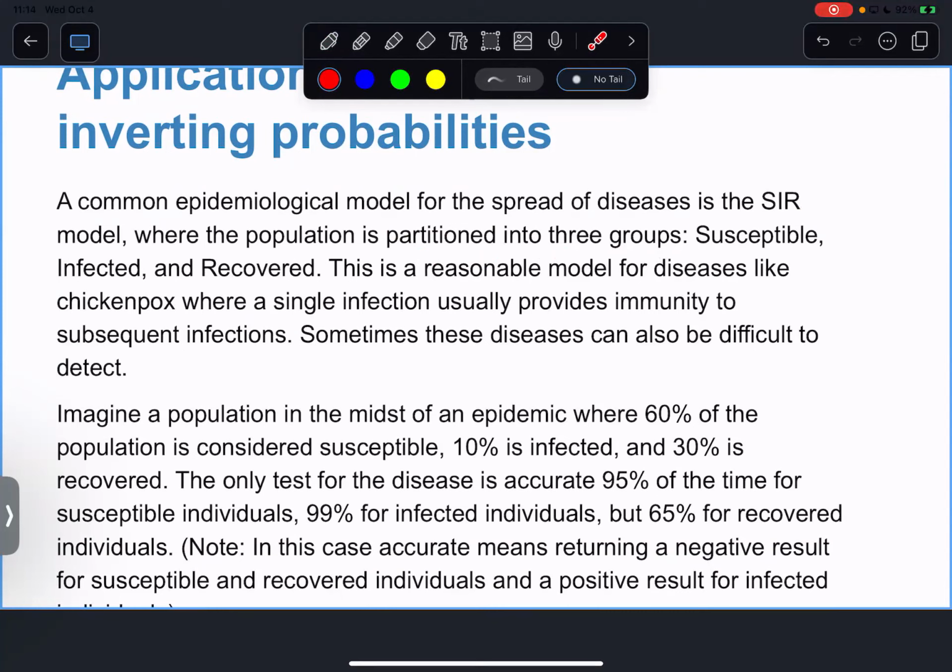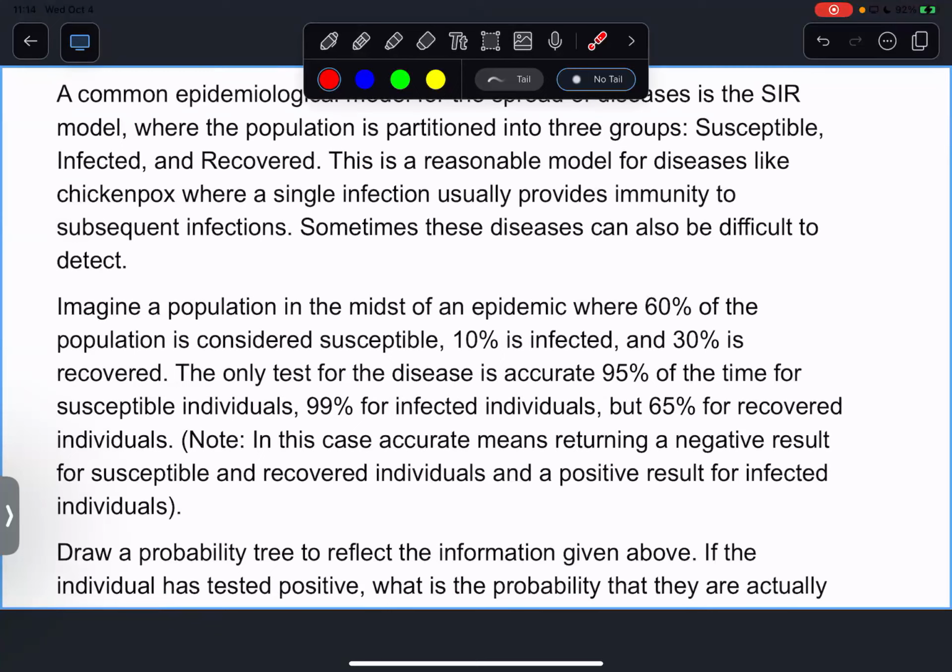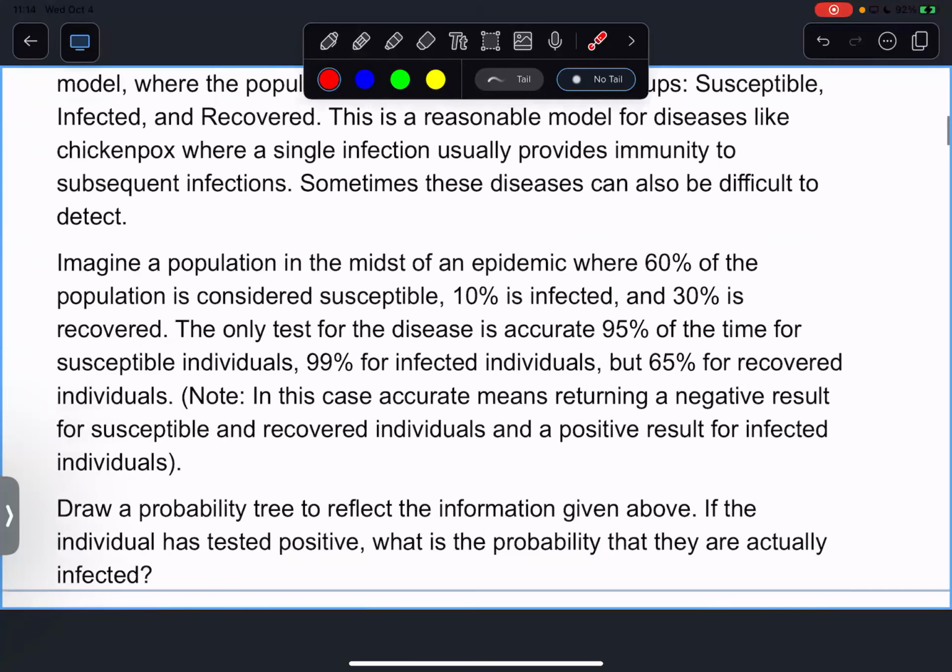Fair enough. Covered all the possible outcomes, fit into one of those categories. This is a reasonable model for diseases like chickenpox, where a single infection usually provides immunity for 1 or 2 subsequent infections. Sometimes these diseases can also be difficult to detect, of course.